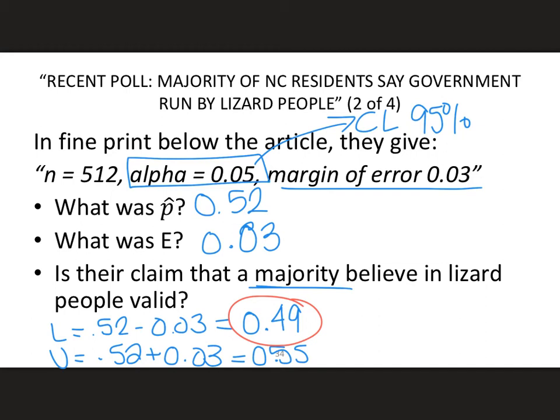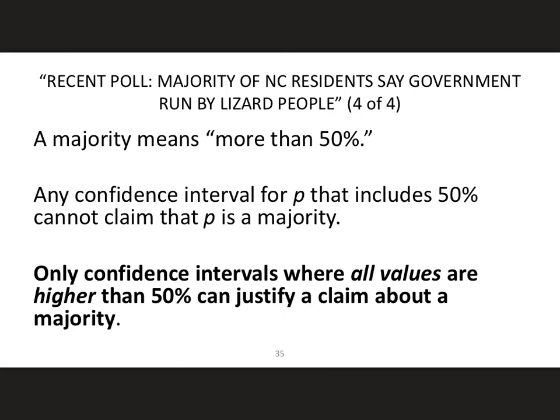So no, it is not a valid claim because the interval is not completely above the 50% mark. You have to keep in mind that majority means more than 50%. Any confidence interval for P that includes 50% cannot claim that P is a majority. Only confidence intervals where all values are higher than 50% can justify a claim about a majority.